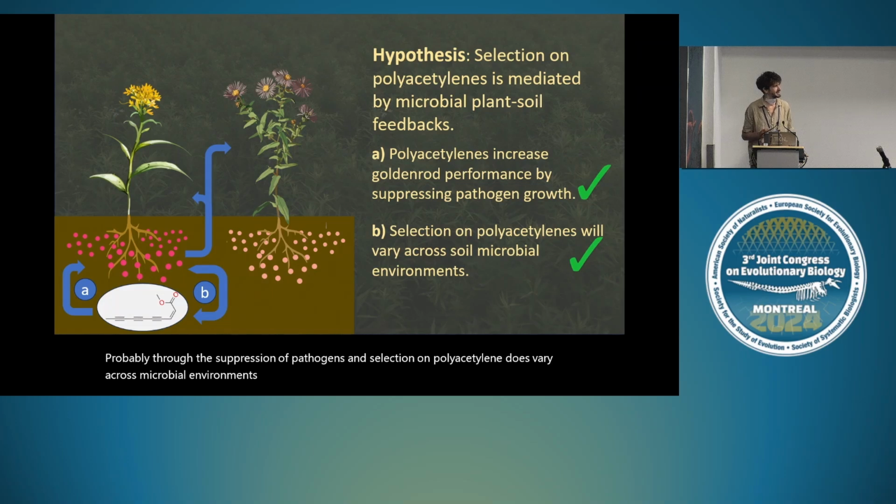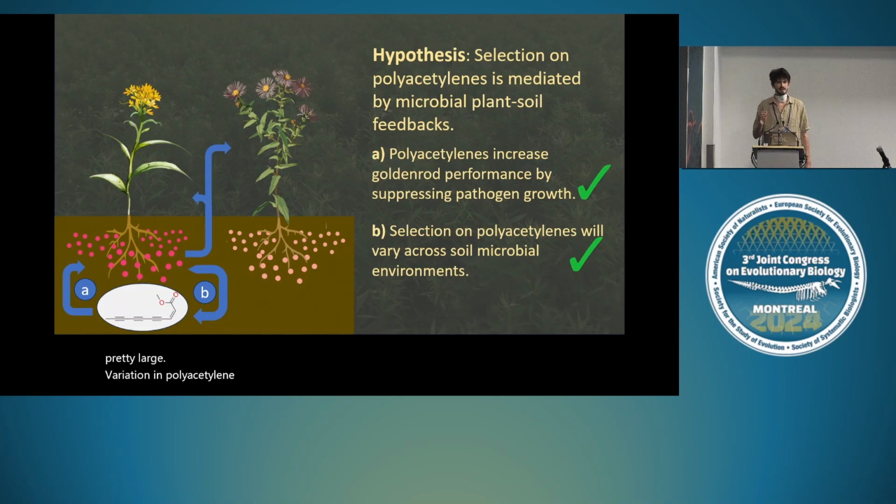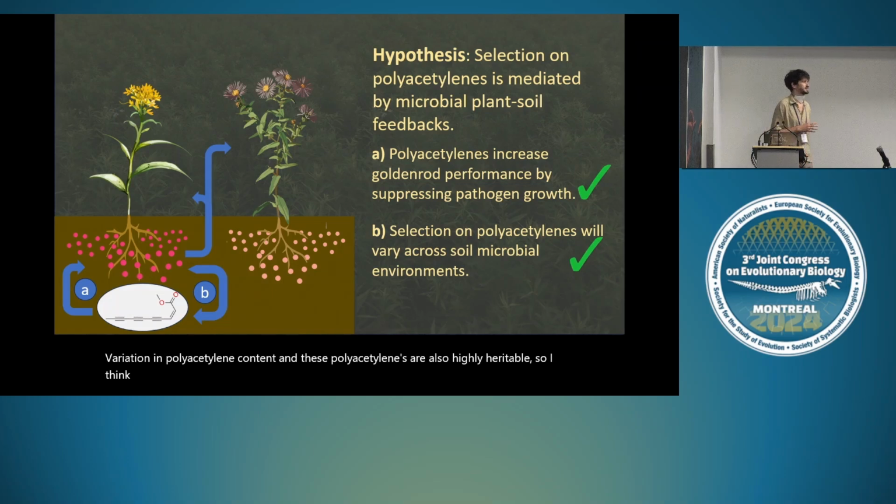In pretty much any population that you look at, we see pretty large variation in polyacetylene content, and these polyacetylenes are also highly heritable. So the question naturally arises: what maintains this variation in polyacetylene content that we see within populations?